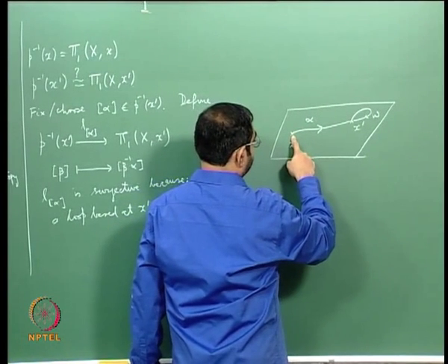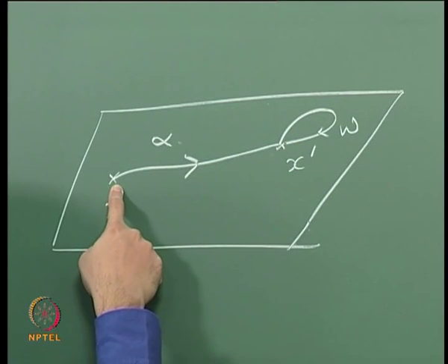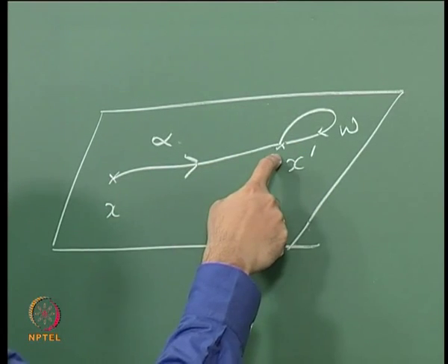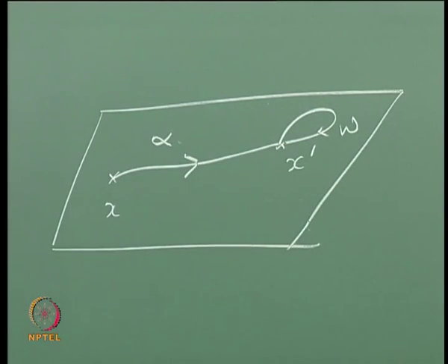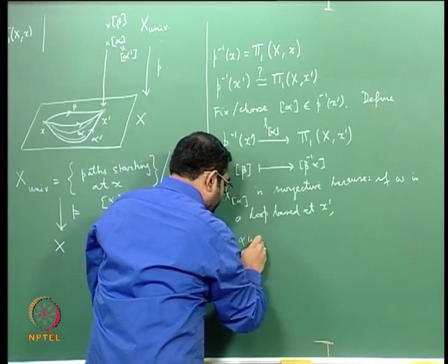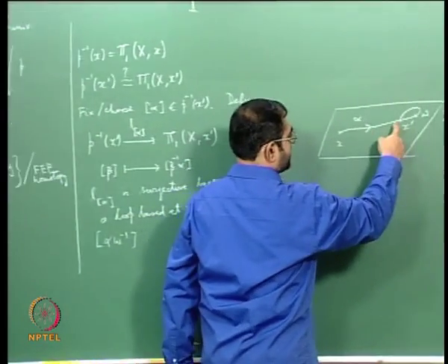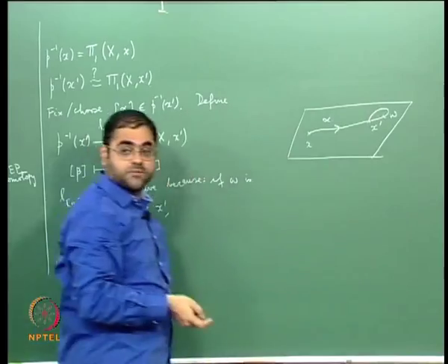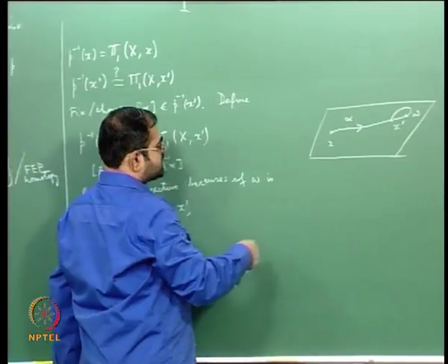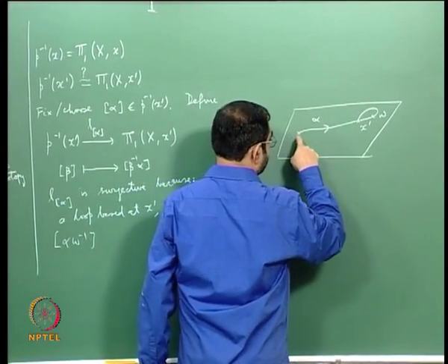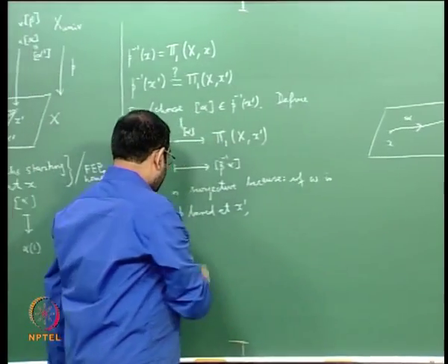I am going to just take alpha followed by omega inverse. So alpha followed by omega inverse, let us try this. Alpha is a path from x to x prime and omega inverse is also a path from x prime to x prime. So if I concatenate them, I will certainly get a path from x to x prime, okay. And where does this go to?